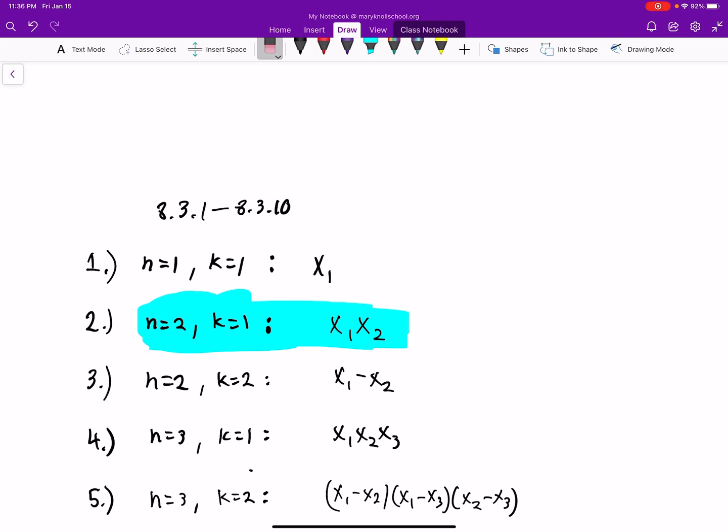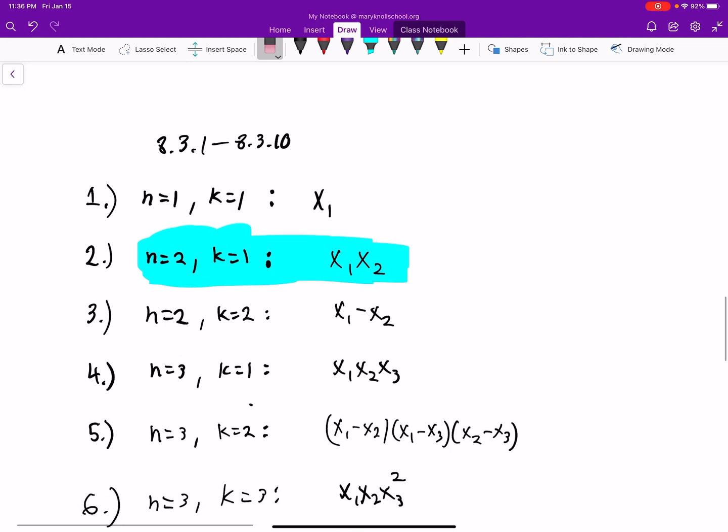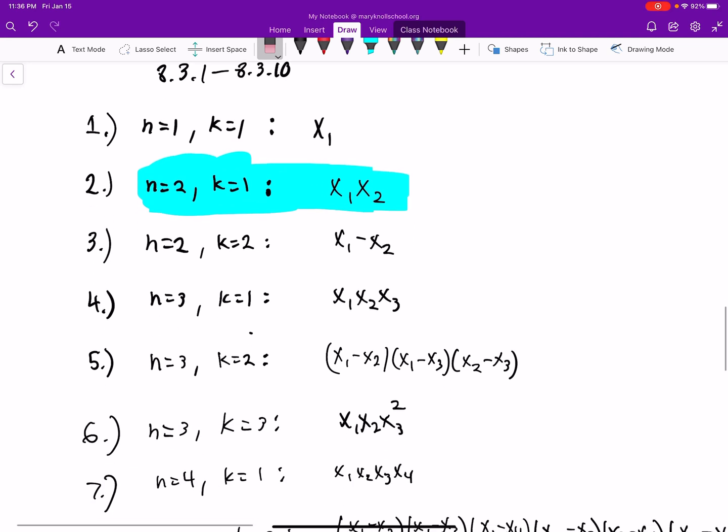Because x1 times x2 is equal to x2 times x1. So that's just one variant, and no matter how you arrange them, you're only going to get one distinct variant.